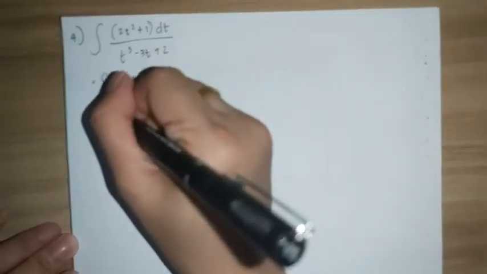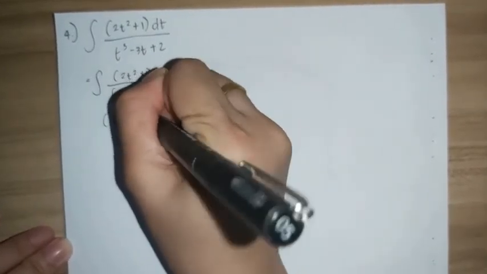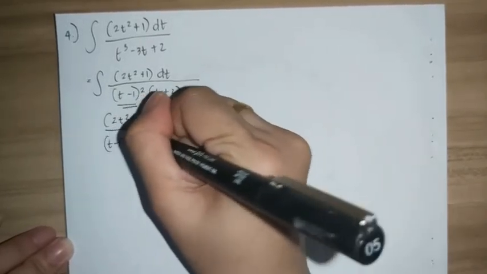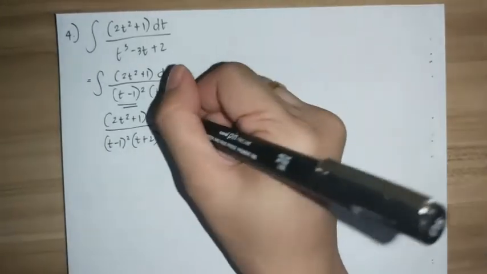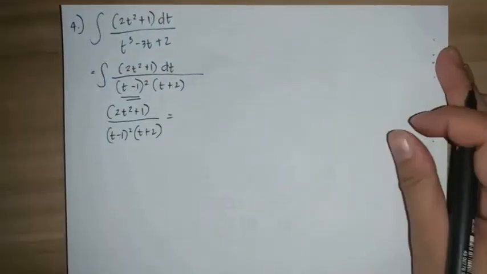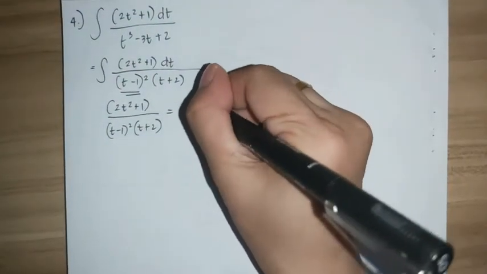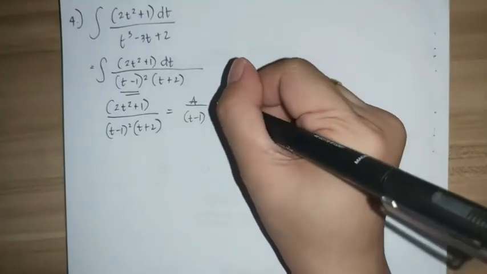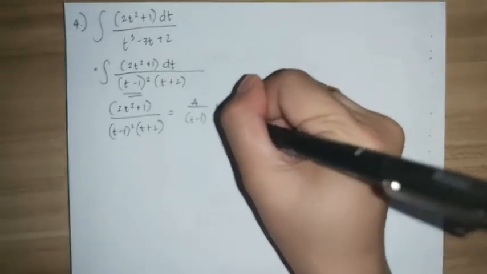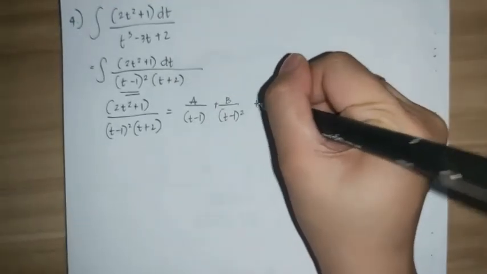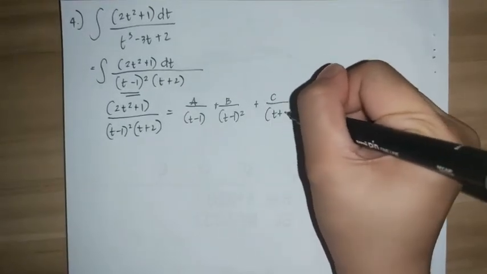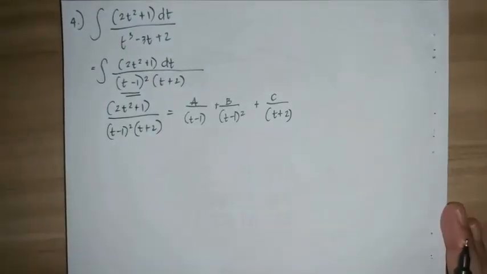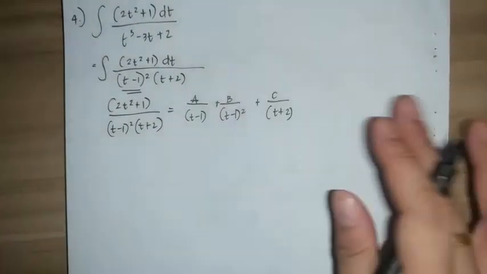Now, with case 2, we will have 2t squared plus 1 all over t minus 1 squared times t plus 2. So the partial fraction of this one is equal to a all over t minus 1, plus b all over t minus 1 squared, plus c all over t plus 2, right? So now we need to determine what is a, b, and c. With that we will do cross multiplication.